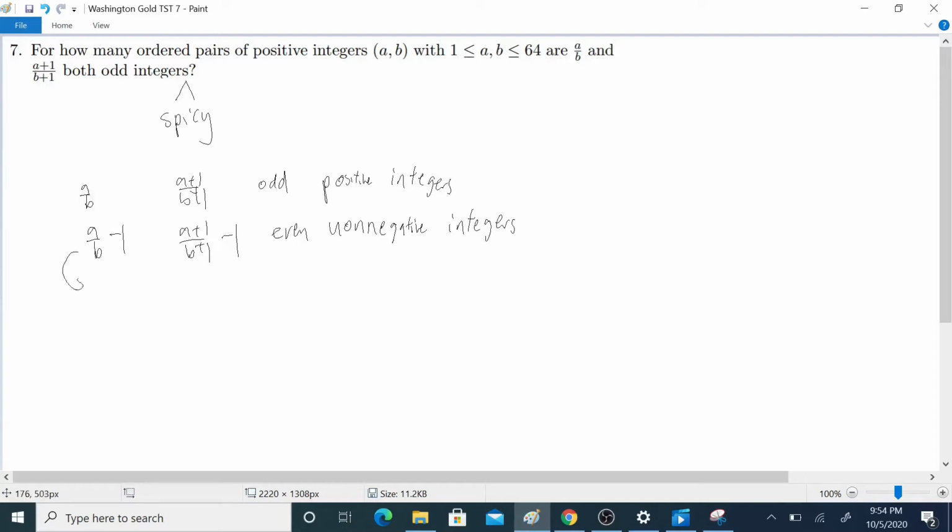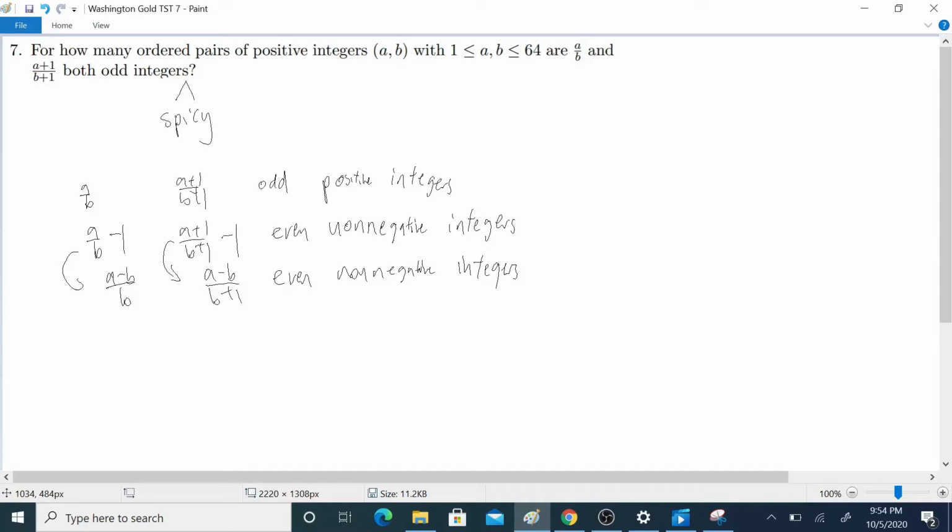So a/b minus 1 simplifies to (a−b)/b, and the expression on the right simplifies to (a−b)/(b+1). So these are both even non-negative integers as well, because they're just the same as before.